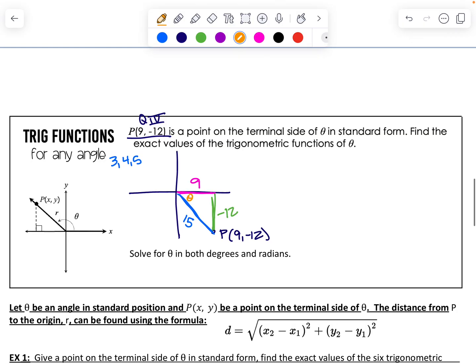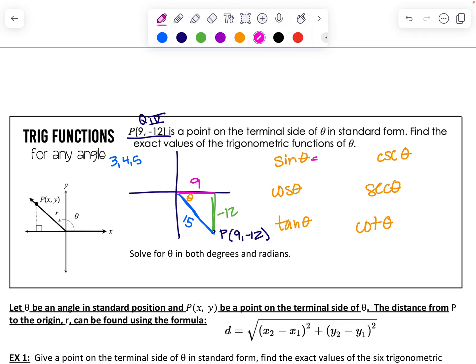I can take any trig ratio. I can find sine of theta, cosine of theta, tangent of theta, cosecant of theta, secant of theta, cotangent of theta. I can find all of those trig ratios from that, reduce it. I can also find theta in both degrees and radians.